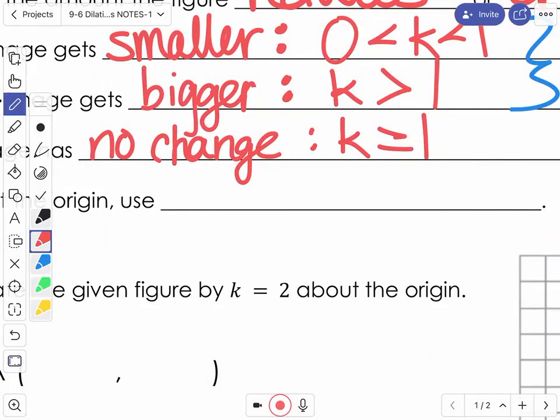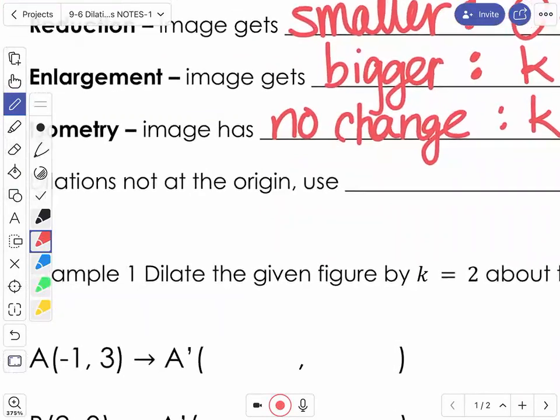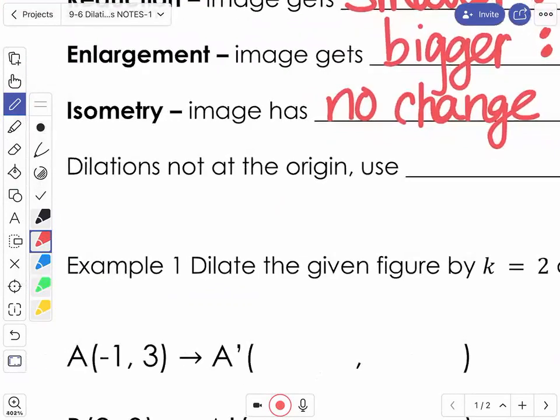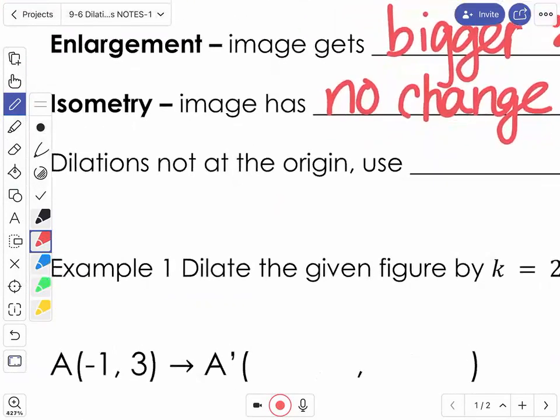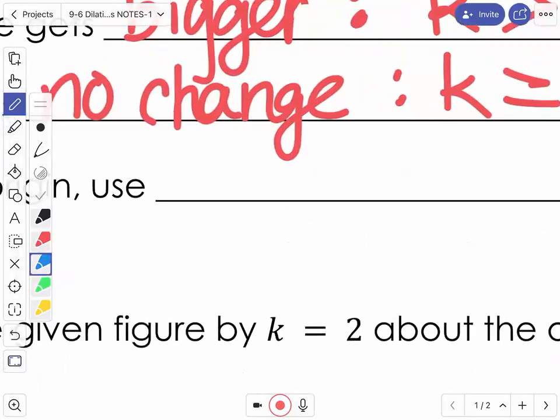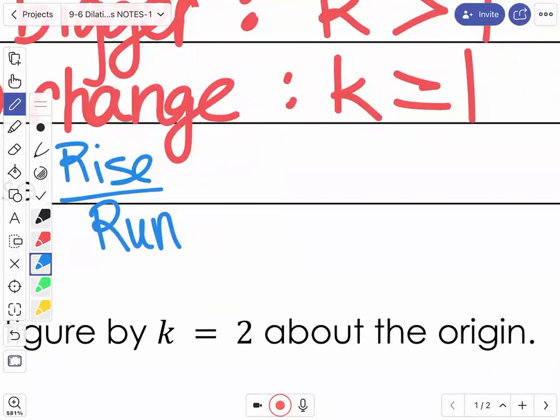Now, when we start doing our dilations, previously we had done all our dilations about the origin. But when we have dilations not at the origin, we have to use the easiest way possible, which is going to be to use the rise over run, which we saw in slope. Now, just keep in mind though, with rise over run for dilations, the sign is not going to matter.